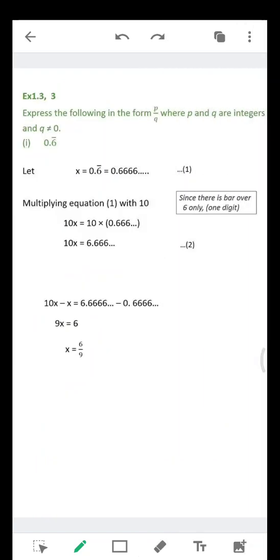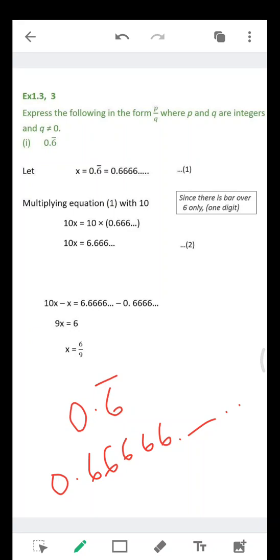So very simple. Luckily we have got the same question: express the following in the form of p by q, where p and q are integers. So this is 0.6 bar, which is a non-terminating repeating decimal. We got it from 2 by 3. 0.6 bar means that 6 is repeated here an infinite number of times.